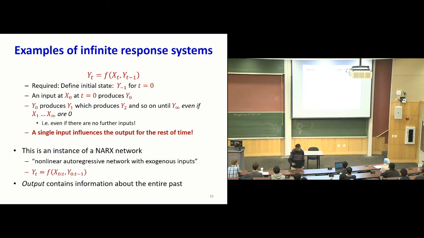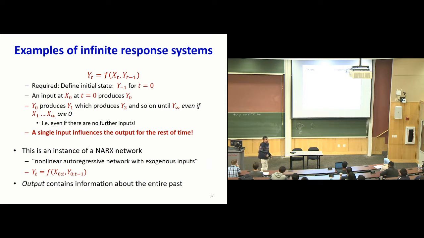And if I do that, then what happens? Let's say I have an input at time 0 and no additional input. Then an input at time 0 is going to produce some output at time 0. And now, because this is a function of the current input and the past output, even if I have no further input at time 1, because I have an output at time 0, I'm going to get an output at time 1.